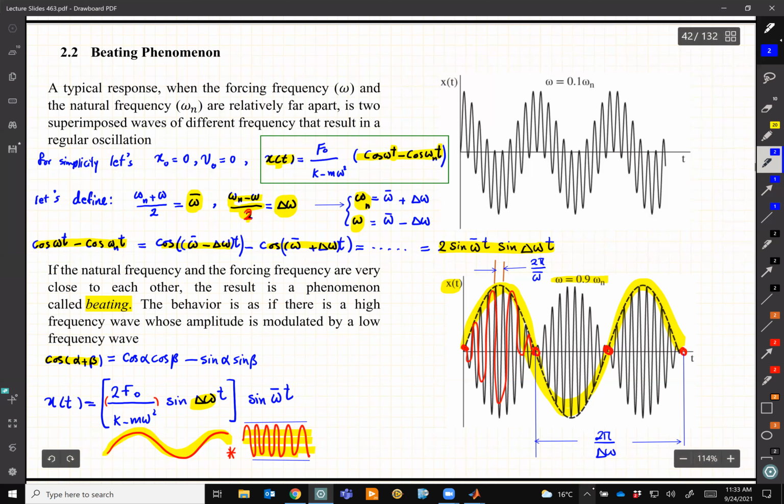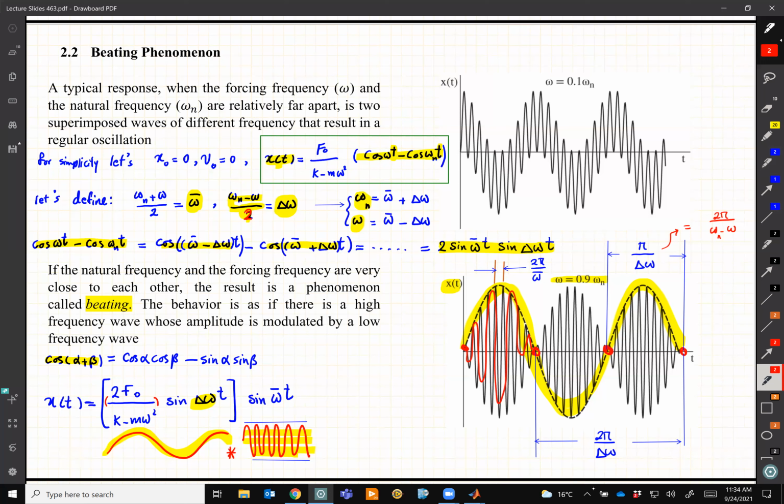So if this is 2 pi over delta omega, then the distance between, like, over here and here is half of that. So this distance then I claim is pi over delta omega. If I substitute delta omega by what we had, it will be equal to 2 pi over omega n minus omega.